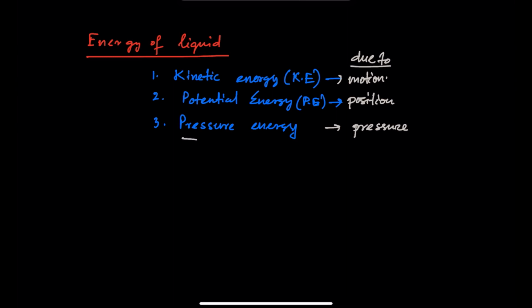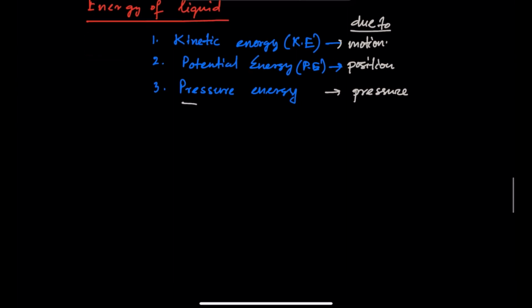Now one by one, I shall be deriving the expressions for these three kinds of energy. The first kind is the kinetic energy. As you already know, kinetic energy is basically half mv square.